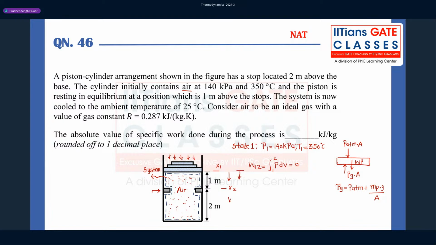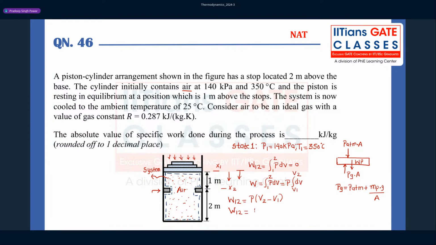So this work done W1-2 will be p times (v2 minus v1). How do I get this relation? Work is the integral from 1 to 2 of p dV in a quasi-equilibrium process. So pressure is constant, integral of dV from v1 to v2, I get this relation.